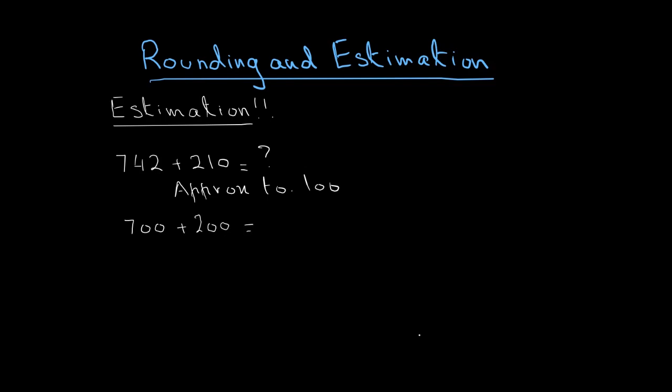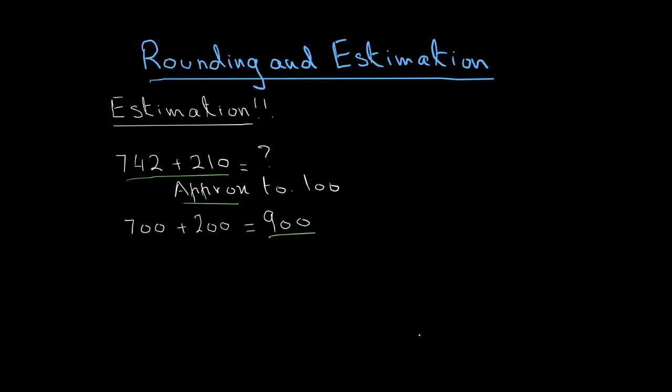So 700 plus 200 we know is 900. So 900 is our estimate of this question. 742 plus 210 is approximated to be 900.